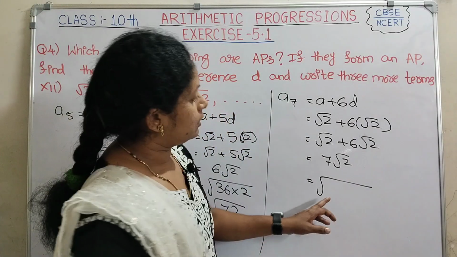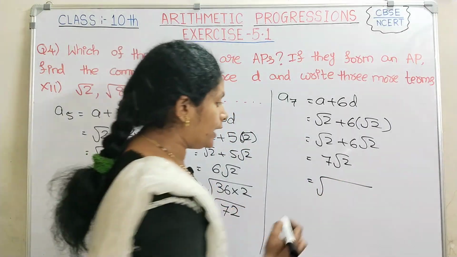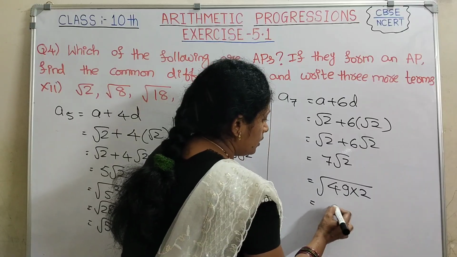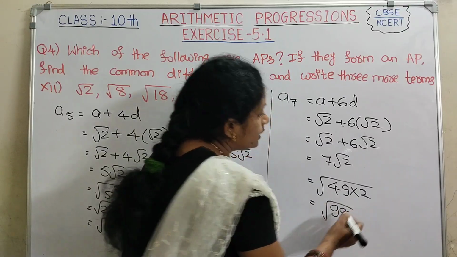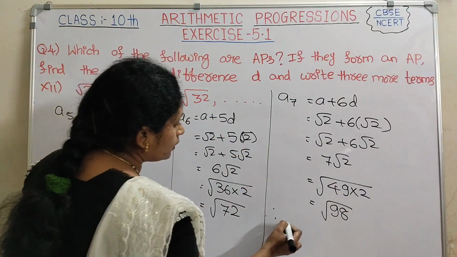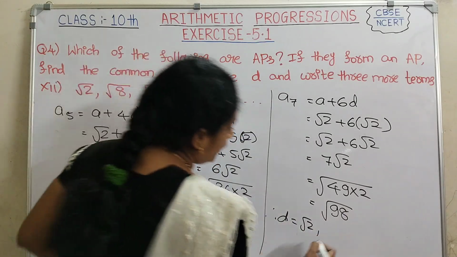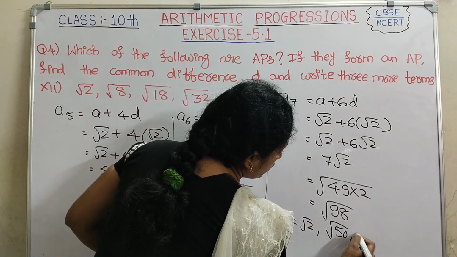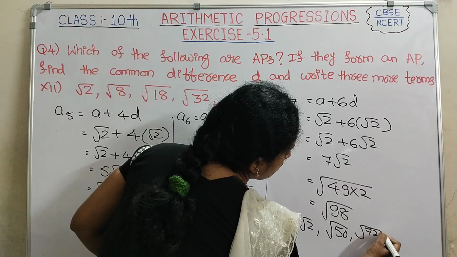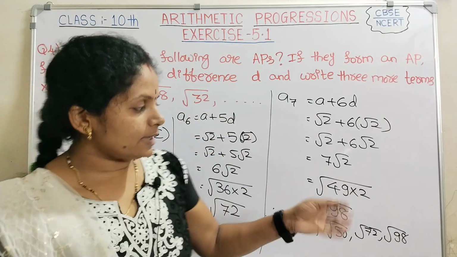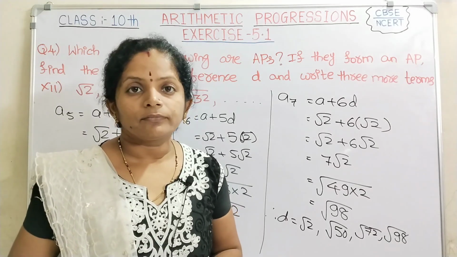Root of 7 square is 49. 49 into 2 is the root of 98. Therefore, the next terms are root 2 comma root 50, root 72 and root of 98. These are the next 3 terms.